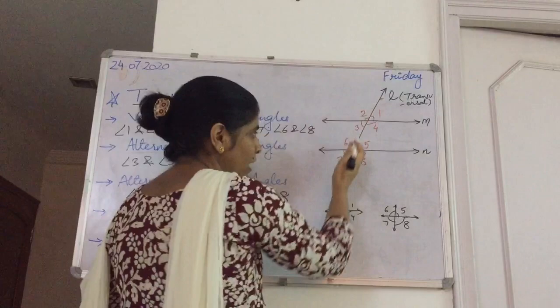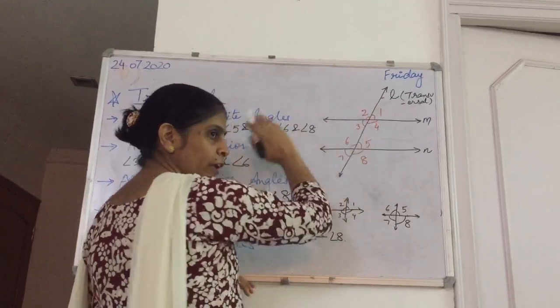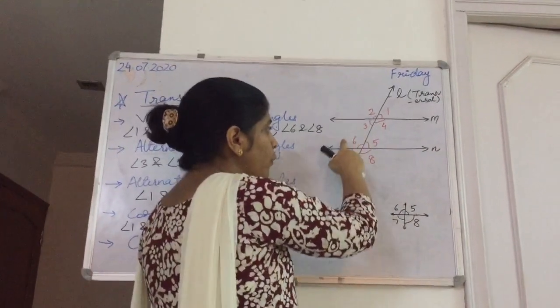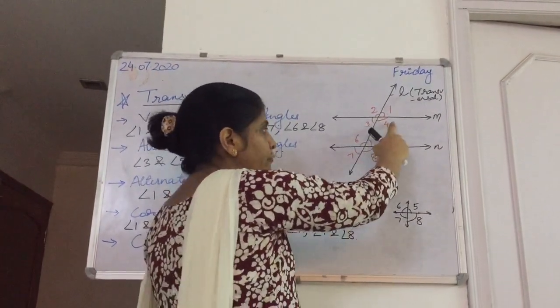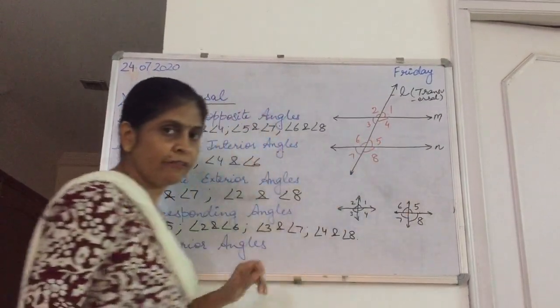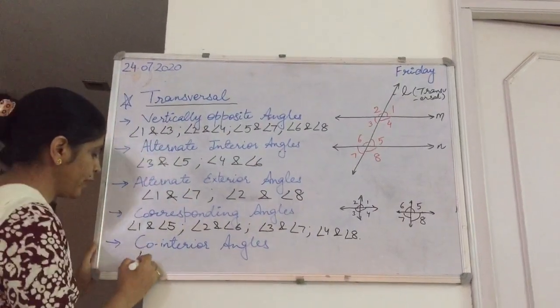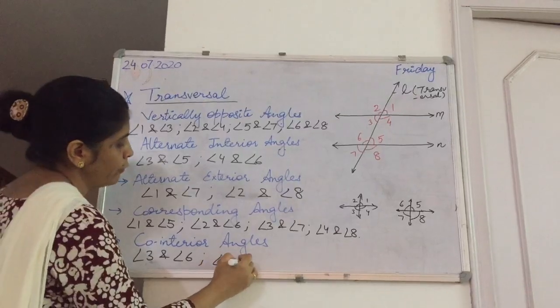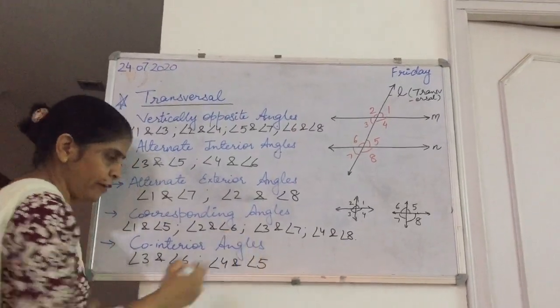This is transversal line L. So either it will be on the left side or on the right side of it. So the co-interior of 3 will be 6 and the co-interior of 4 will be 5. So angle 3 and angle 6, angle 4 and angle 5.